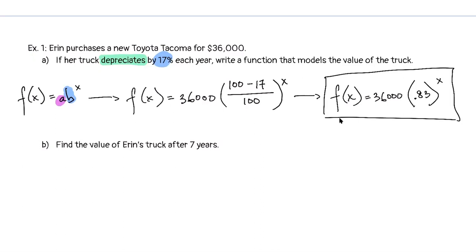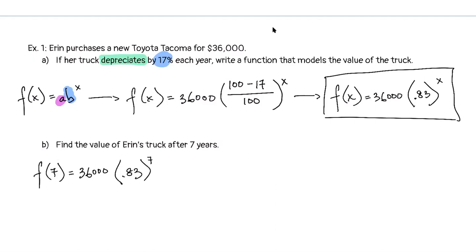On the x. Yeah, we put the 7 up where the x is, okay? So what that's gonna look like is f of 7 equals 36,000 times 0.83 to the power of 7, okay?